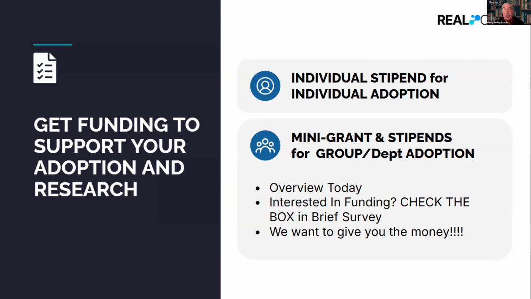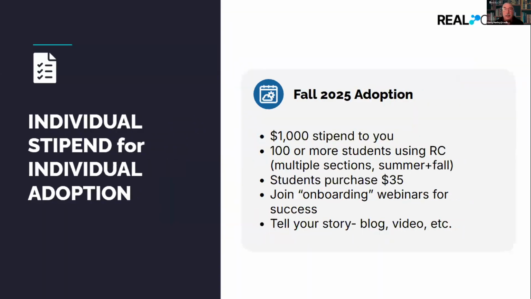And then the other organization is Digital Promise, and they're interested in doing program evaluation of the impact of Real Chem on both faculty and students. So you have a mini grant program, and then we have the individual stipend. So next slide to go into a little bit more detail.